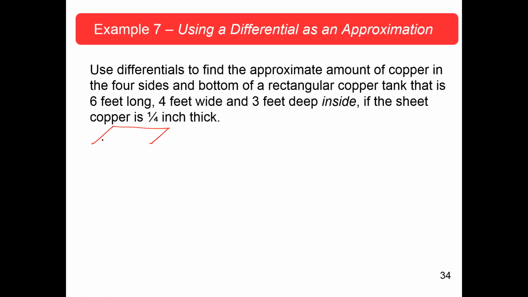So we use differentials to find the approximate amount of copper in the four sides and bottom of a rectangular copper tank. It's not exactly a cube, but a rectangular tank, so you're using the copper to wrap it around, sort of.